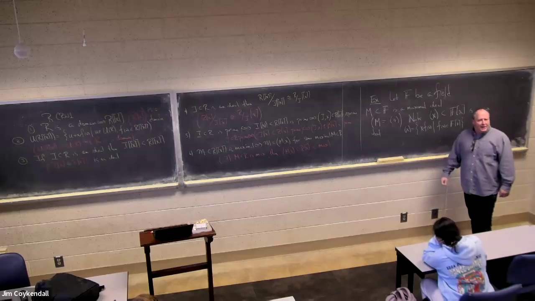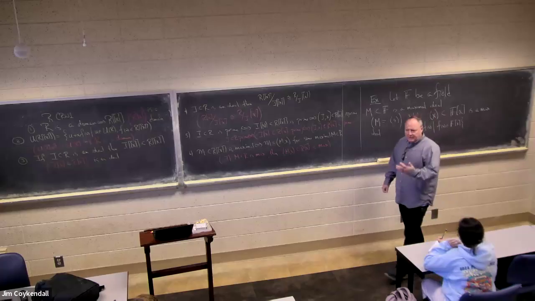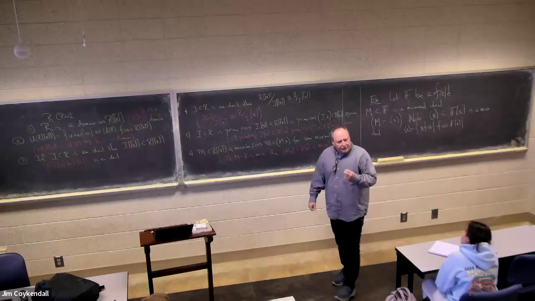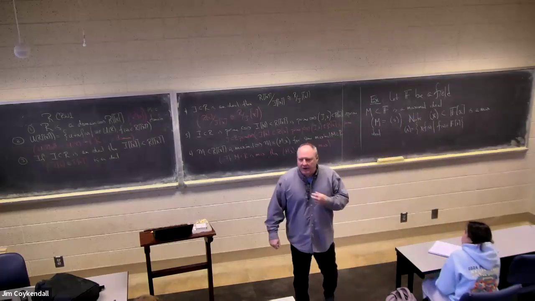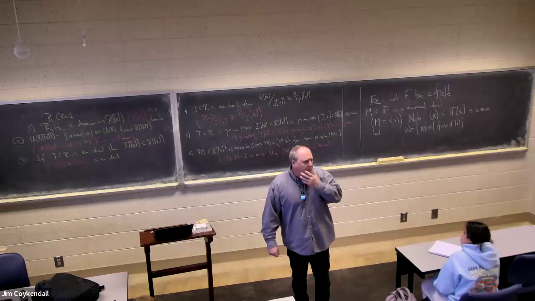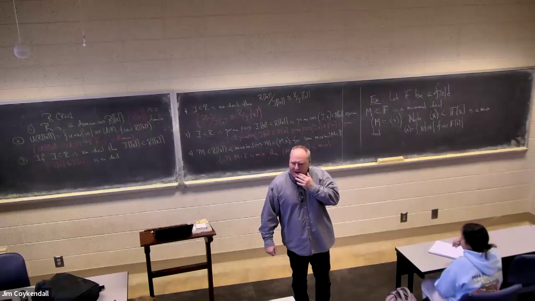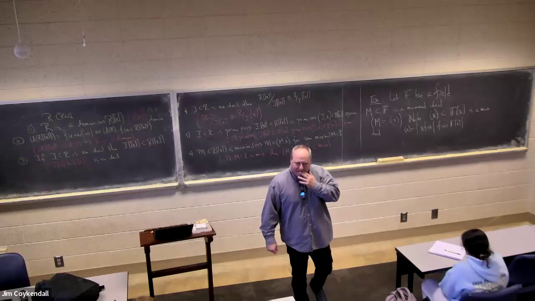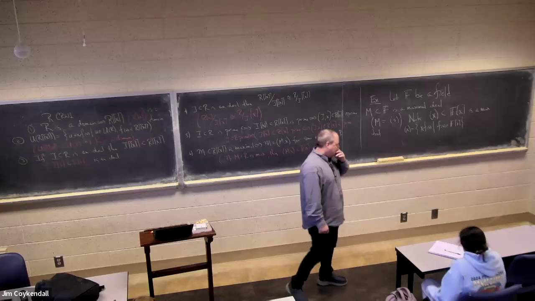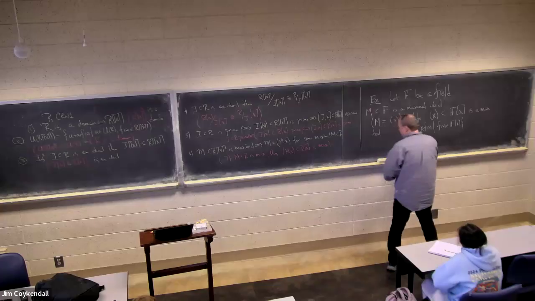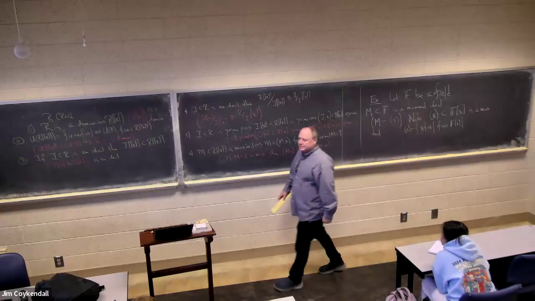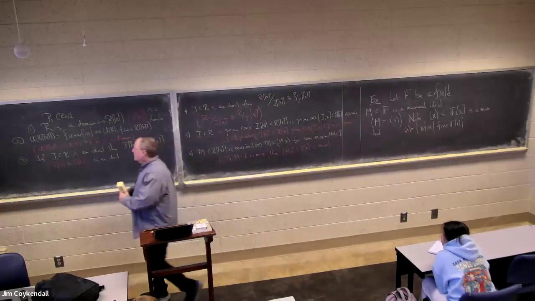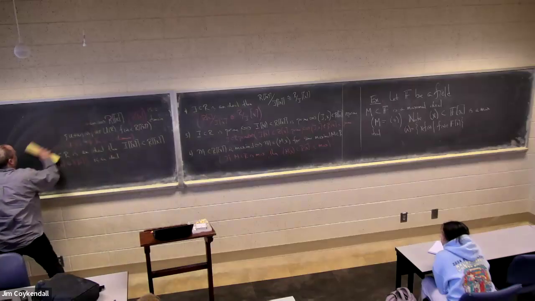Basically, the ideal generated by X is every polynomial that has a factor of X in it. So in other words, it's every polynomial whose constant term is 0, right? How can we prove that this is a maximal ideal? Well, there's a couple of ways. Let's prove this in a couple of ways, perhaps.